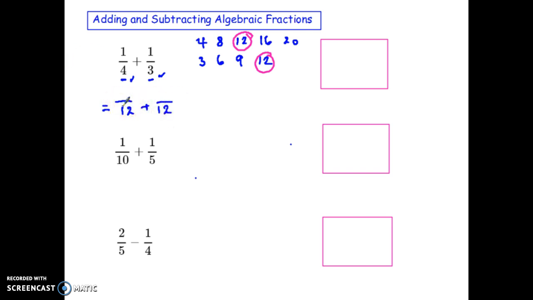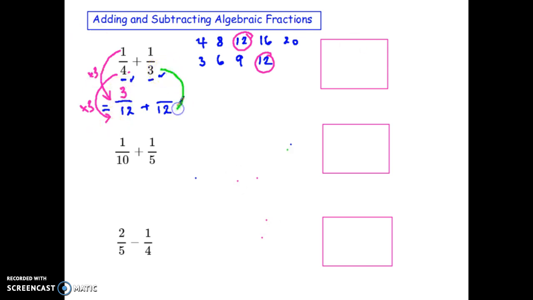Then we need to scale up our fraction while still keeping it equivalent. So what I mean by that is to get from the 4 here up to the 12, I multiplied my denominator by 3. If I do it to the bottom, I also have to do it to the top. So my numerator has to also get multiplied by 3. 3 times 1 is 3. Let's have a look at the next fraction.